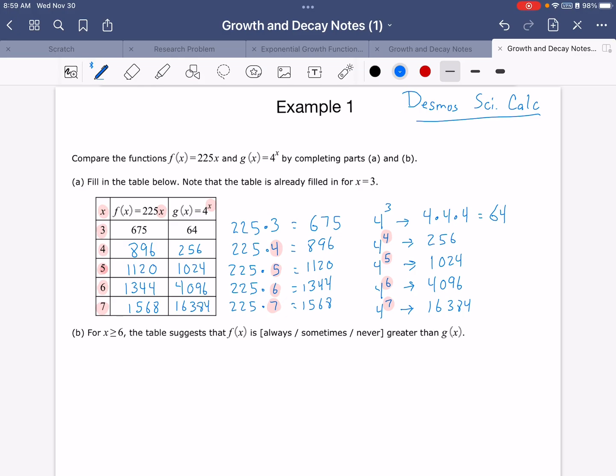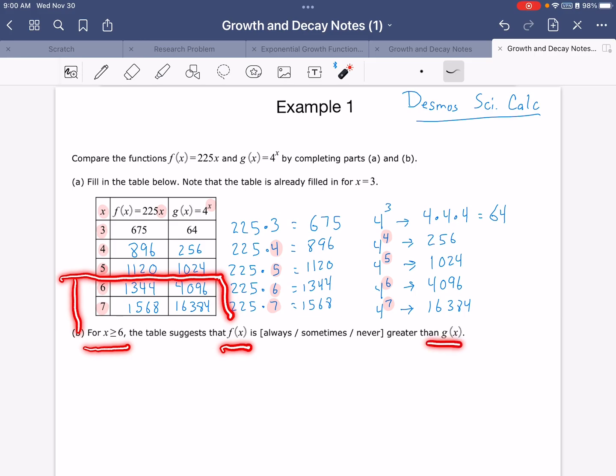All right. So we've completed our table. Now it's asking for x greater than 6, so everything down in this area right here. The table suggests that f of x is always, sometimes, or never greater than g of x. So we've got to decide. If we look at this, f of x at 6 is 1344, and g of x is 4096.